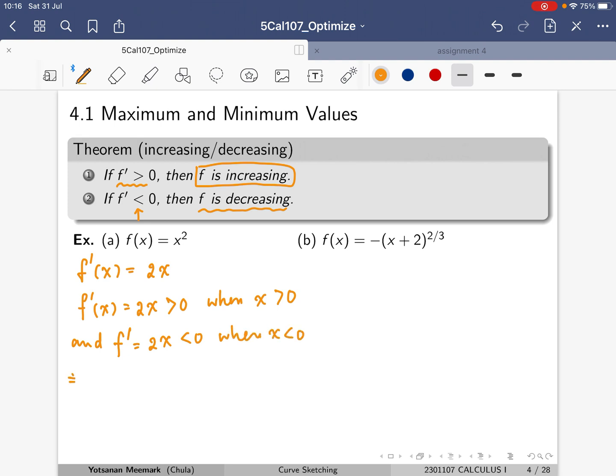Sorry, I said positive but wrote down negative. So your f itself is increasing on the interval from 0 to infinity, and decreasing over the interval from negative infinity to 0.